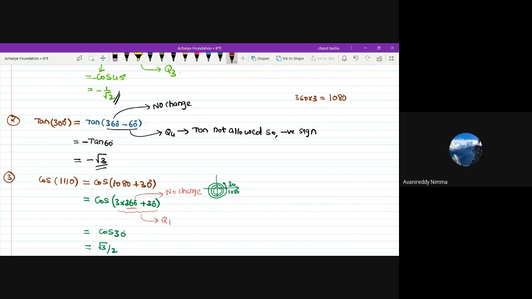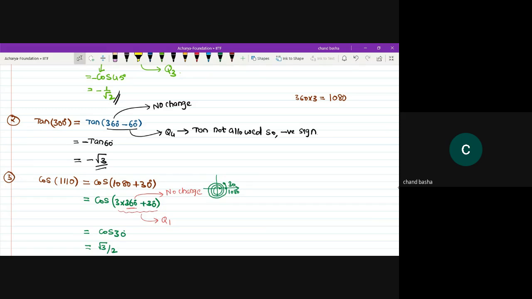Sir, can you show the quadrant diagram, sir? Sir, is it root 3 by 2 or whole root 3 by 2, sir? Only root 3 divided by 2. The tabular value is there. Somebody asked something. What is that, guys?